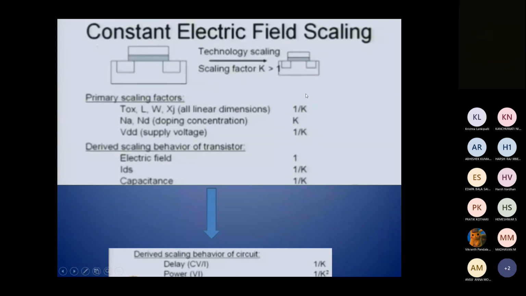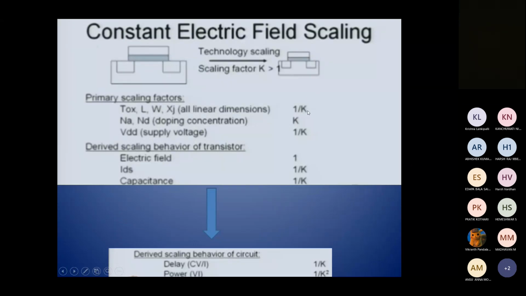That means here we are going to miniaturize the devices, and we have to make the miniaturization in such a way that the linear dimensions, oxide thickness T ox, channel length L, channel width W, and junction depth Xj, are all divided by K. What is K?